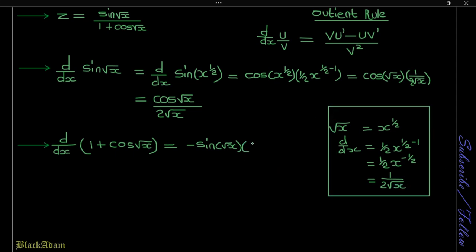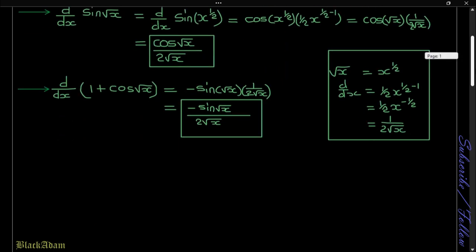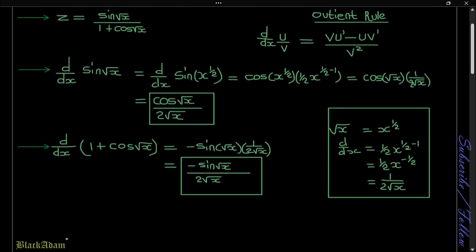That's going to be negative sine root x over 2 root x. So that's the derivative for each of the numerator and denominator.